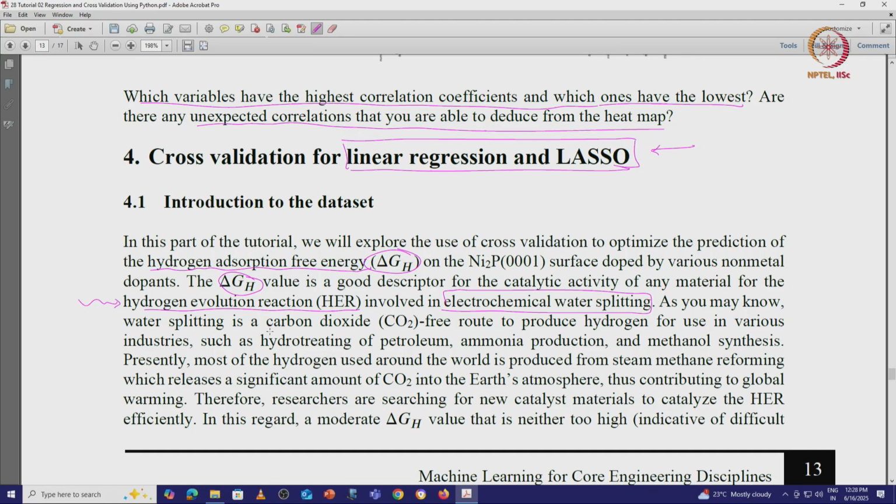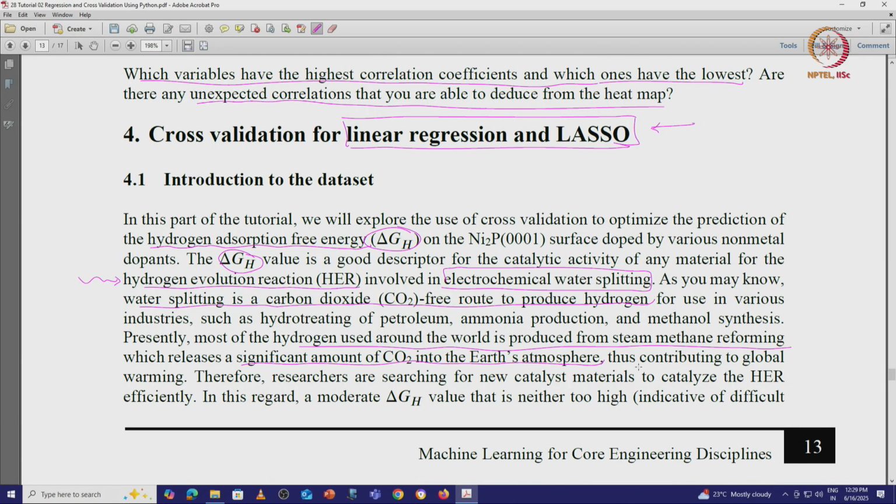So just reiterating what I just said, water splitting is a CO2 free route to produce hydrogen for use in various industries. It's used in the petroleum industry, ammonia production, methanol synthesis, and most of the hydrogen right now is produced from steam methane reforming, which releases a significant amount of CO2 into the Earth's atmosphere and causes issues with global warming.